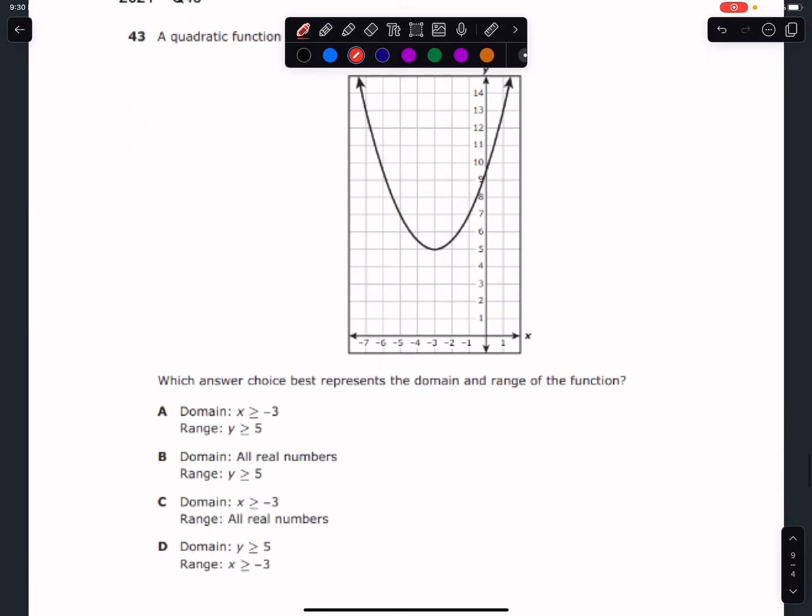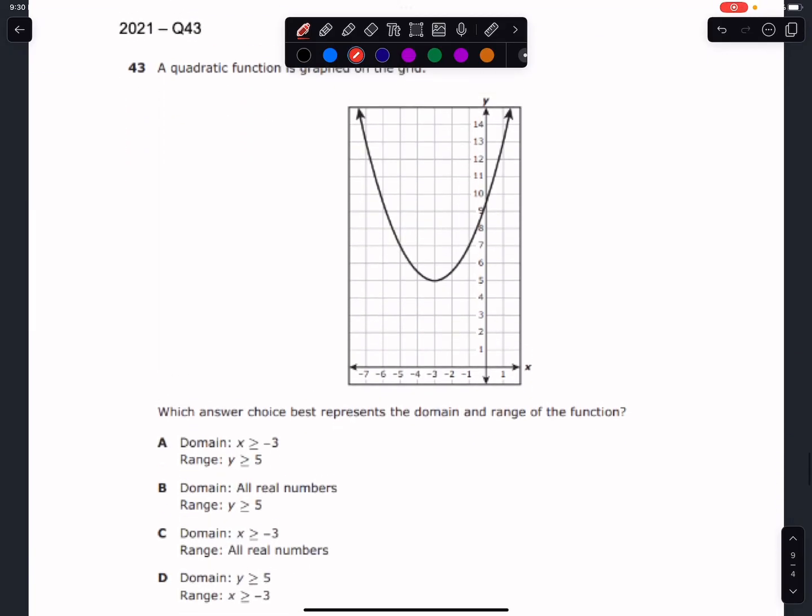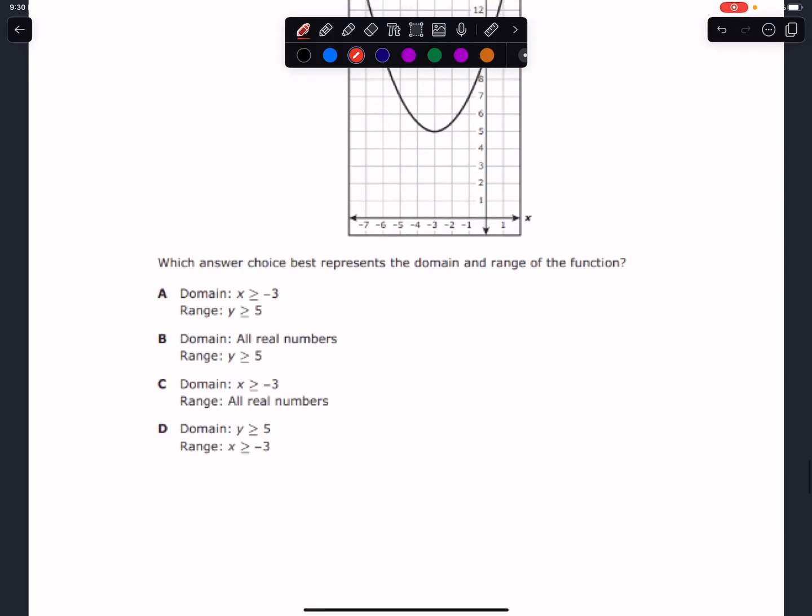let's do this one. Furthest left, domain, arrow. Furthest right, domain, is another arrow. So when you have 2 arrows, that's all real numbers for my domain. So it can't be this one. It can't be this one. And it can't be that one.